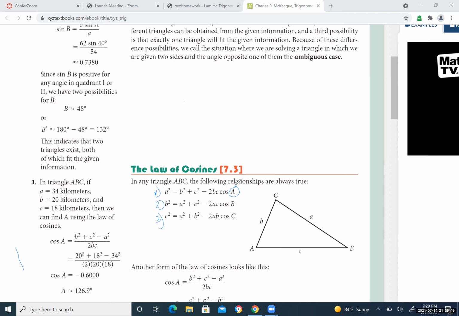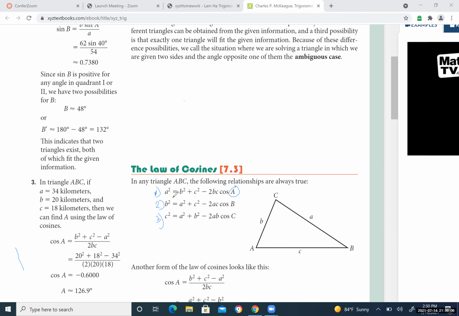In order to find angle A, you must find cosine A first, and then use the inverse function to find angle A. You can apply any of these three, but here you can apply the first one.